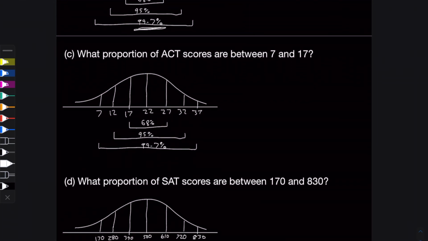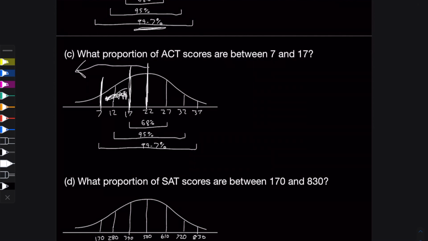Okay, part C. What proportion of ACT scores are between 7 and 17? So here we need 7 and 17. So now we need to find these two added together. So let's try to find the best way to do this. So we know that 50% is on this side. And then we know this is 34%, which is what we found in another problem because we divide 68% by 2 to find that.